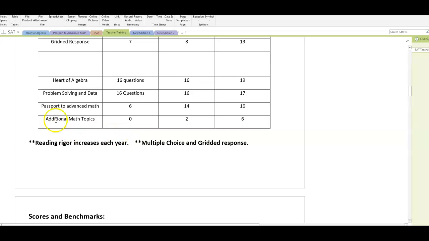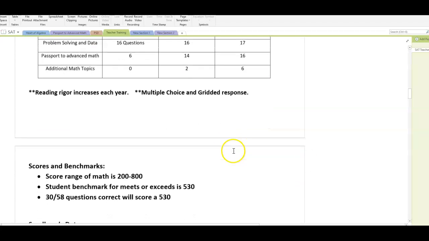And then eventually, when we look at the Additional Math Topics, right away you see there's only 6 questions on the actual test, right? So all of our energy should be focused on these 3 domains, and the icing on the cake is the Additional Math Topics, right?